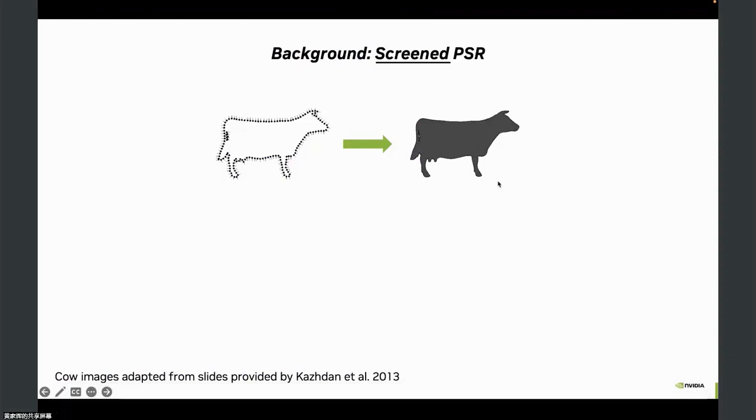The background of this work is that we try to incorporate learned priors into the screened Poisson surface reconstruction work. Just to recap, the goal of screened Poisson reconstruction, or SPSR, is to reconstruct a dense indicator field from an oriented point cloud, which is shown here in this cow image.